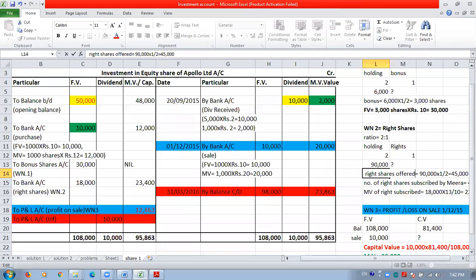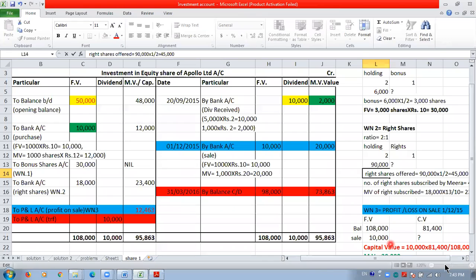By cross multiplication, 90,000 into 1 divided by 2, so 45,000 is the answer. So the right share issued by the company to Mira is 45,000, right?